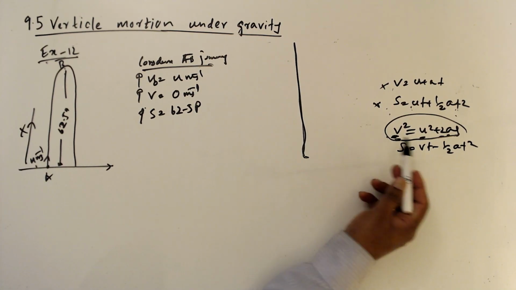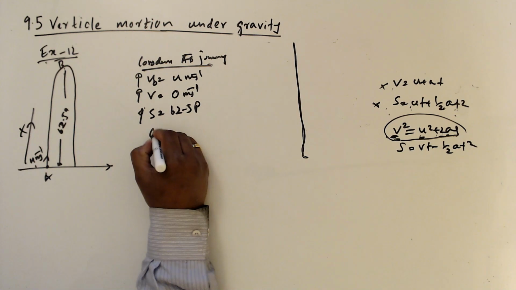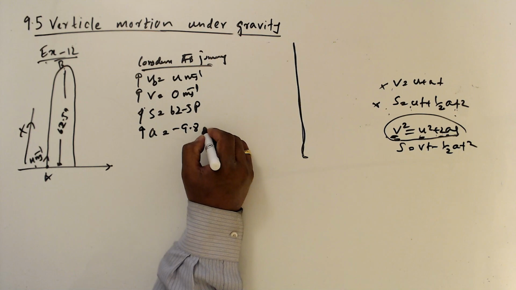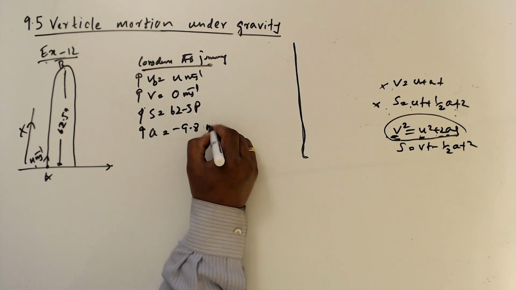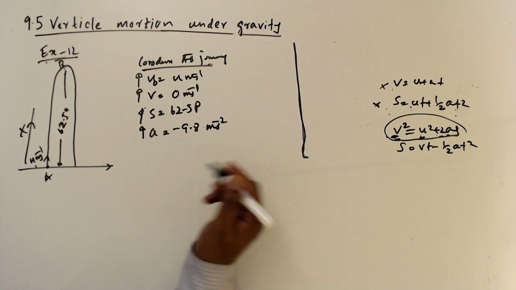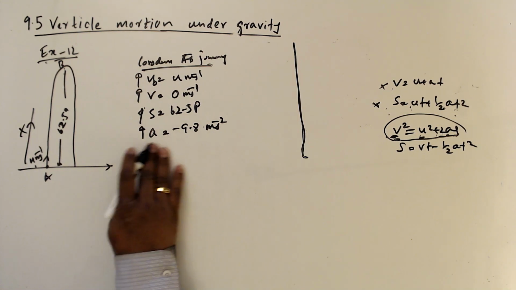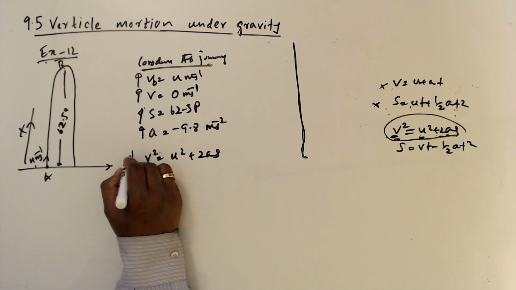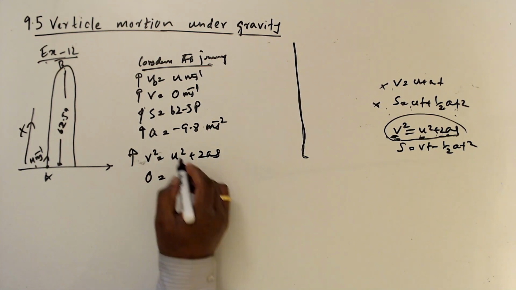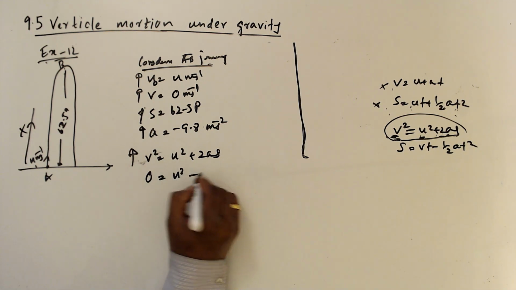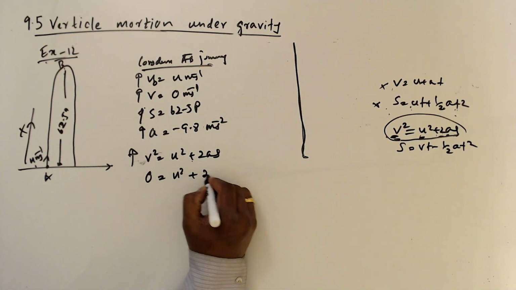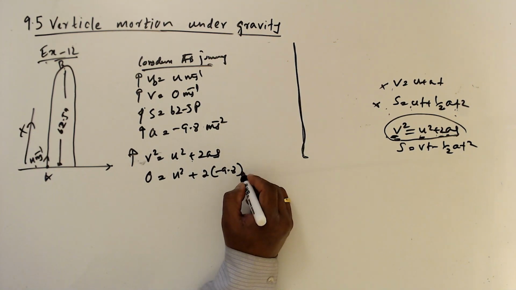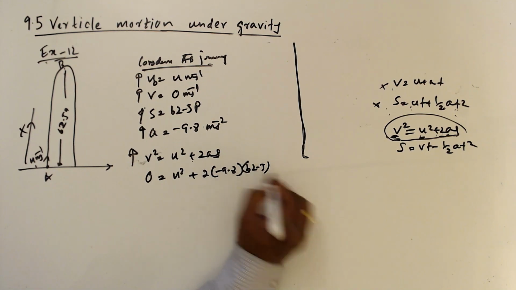So V square equals U square plus 2AS. A is in this direction, minus 9.8 m/s square. So we'll write V square equals U square plus 2AS in this direction. 0, U square is U square, and plus 2 times A is 9.8, and S is given, 62.5.